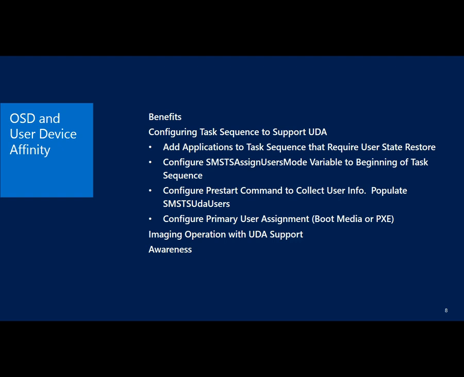What we are going to do is handle any application that requires user state restore. If you're using user state restore, there will be those applications that you might want to make sure are present, so whenever the user state restore phase comes along, those applications are present. We can restore the user state onto the system and have those applications configured like normal.